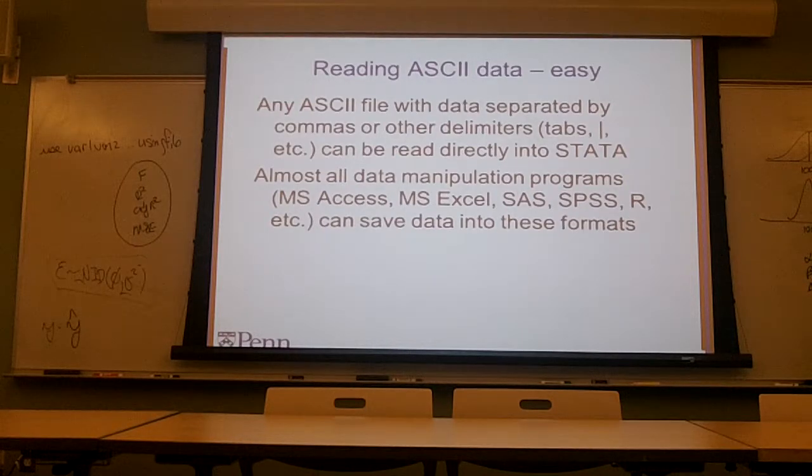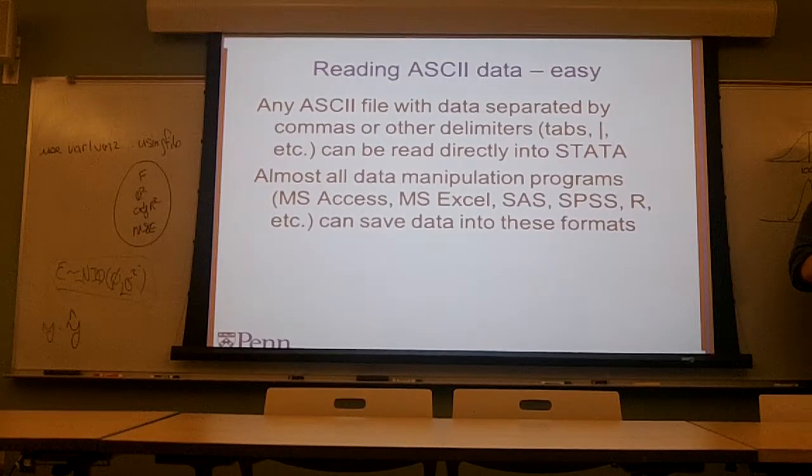It's also very common for ASCII files to have the first row of data be what we refer to as a header row. The header row contains the variable names. Now, Stata doesn't allow spaces in variable names, so if there's a space in a variable name, it'll probably fill it in with an underscore or something like that.